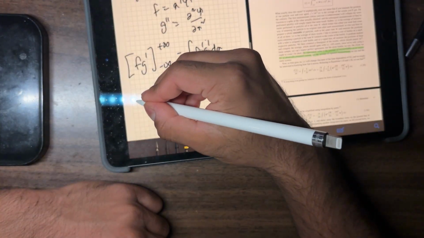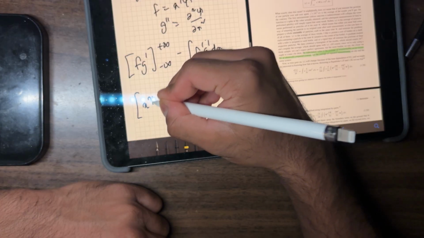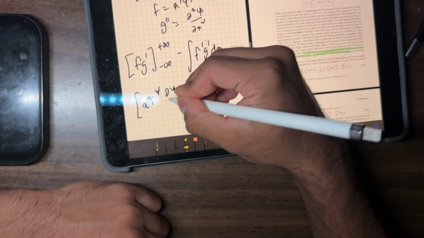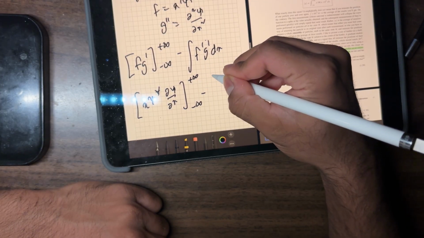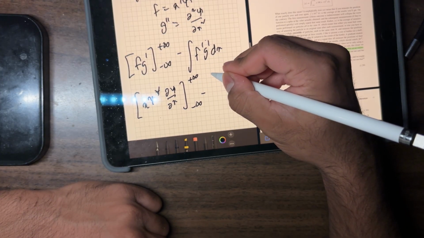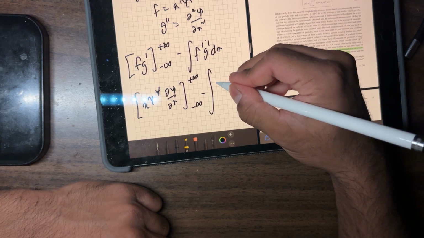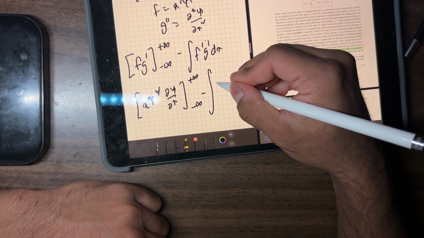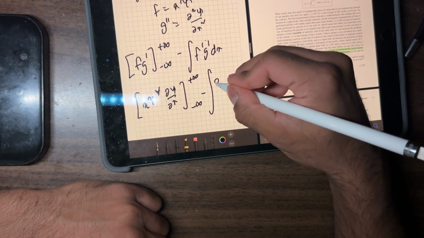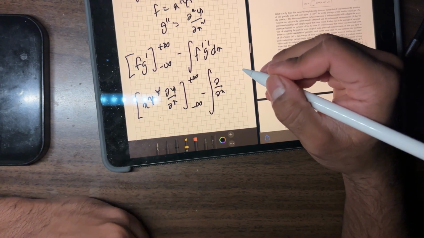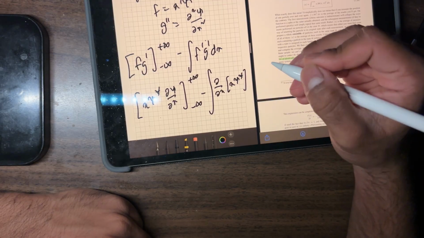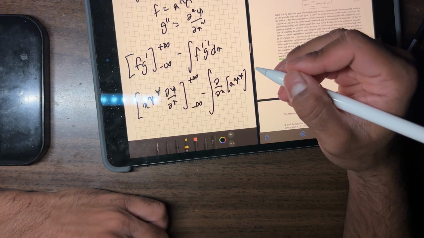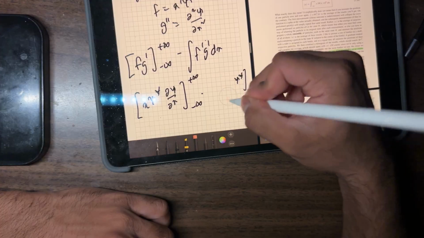So I would have x psi conjugate d psi by dx from minus infinity to plus infinity, minus integration of d by dx of x psi conjugate.